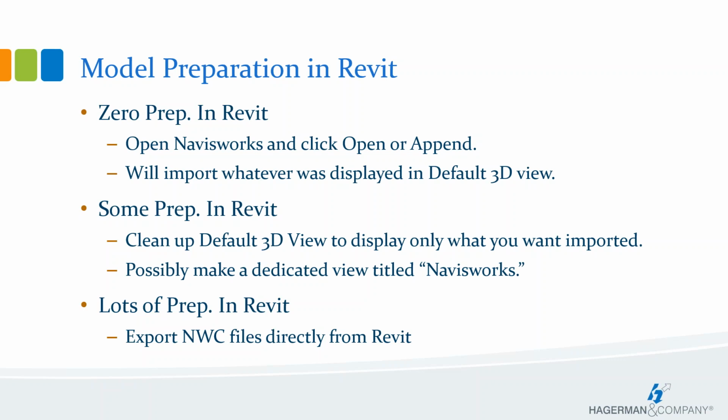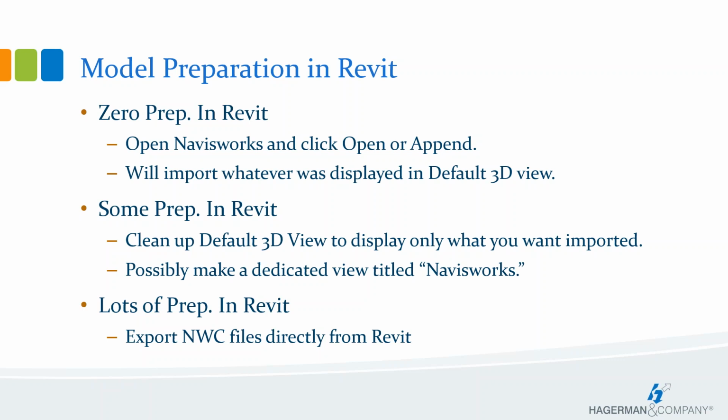A lot of people don't know this, but one trick you can do is create a duplicate of your default 3D view, name it Navisworks or even just Navis. Then that is the view Navisworks will use to generate your model. This works a little better because you can do whatever you want in your default 3D view in Revit and not change the way the file will be imported into Navisworks.